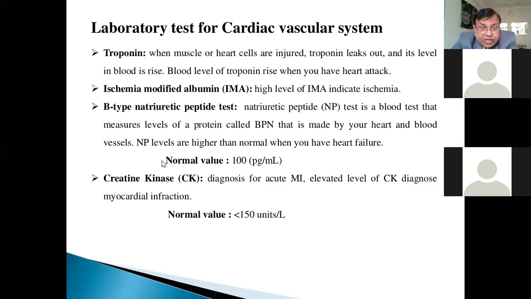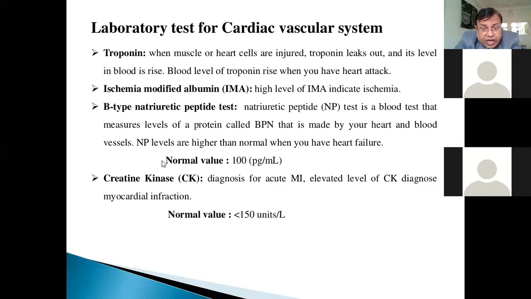If the BNP level is higher than normal, it is a condition of heart failure or a chance of heart failure. Normal value is 100 picogram per milliliter, that is the normal value of B-type BNP.